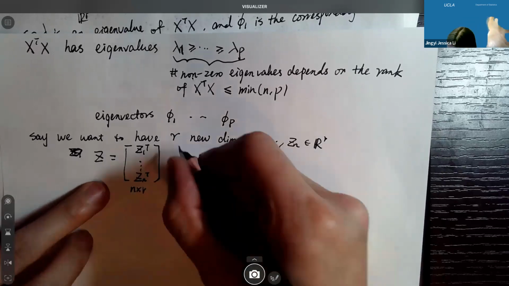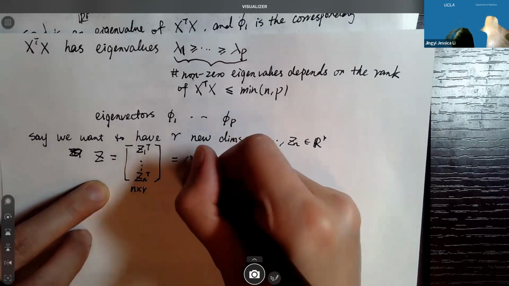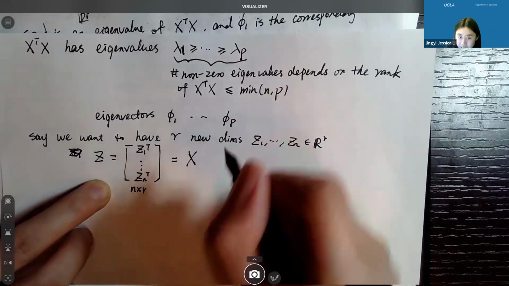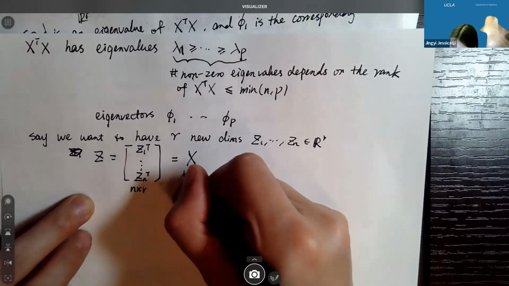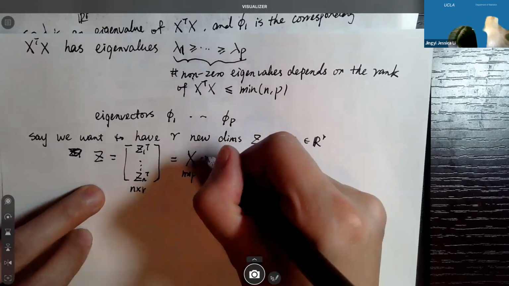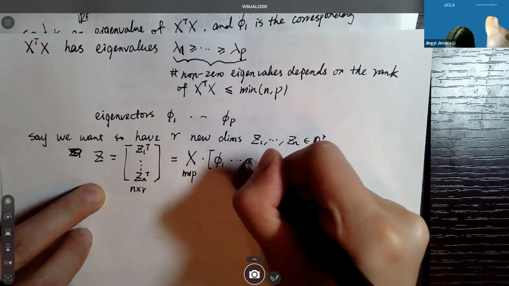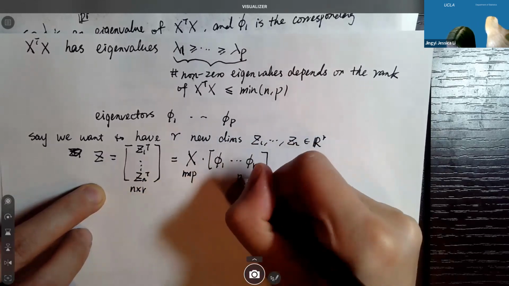And then this is just equal to the original X matrix, which is N by P, with P columns for the P original features, times phi 1 to phi r. This is a P by R matrix.